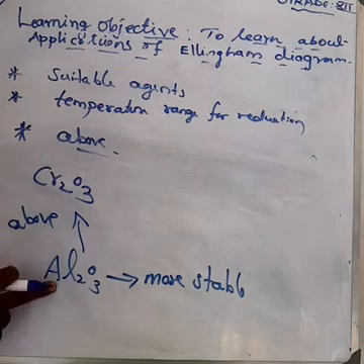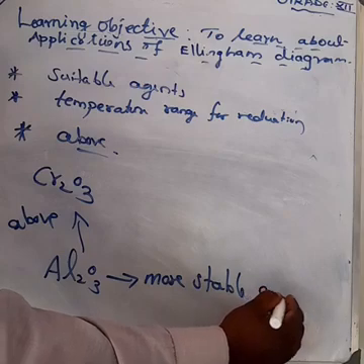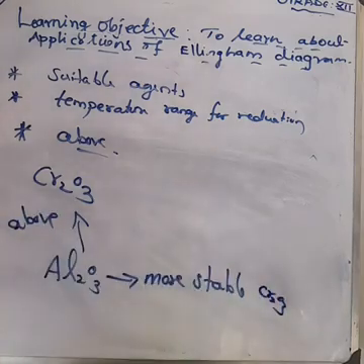Aluminum oxide is more stable than chromic oxide, because chromic oxide lies above that of aluminum. First you have to find the values for aluminum oxide and chromic oxide.